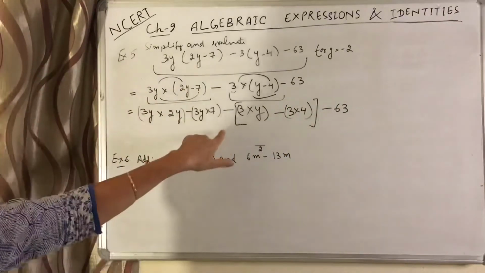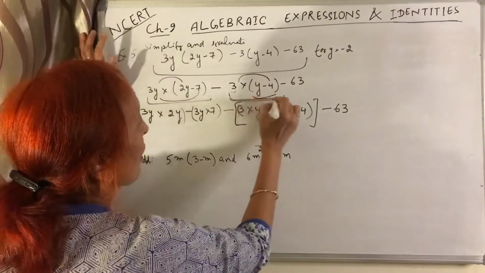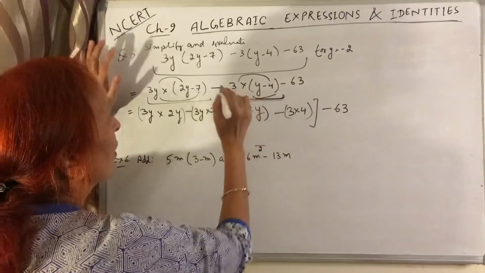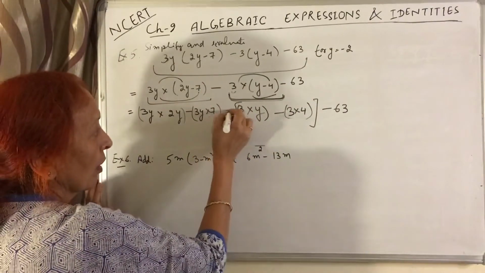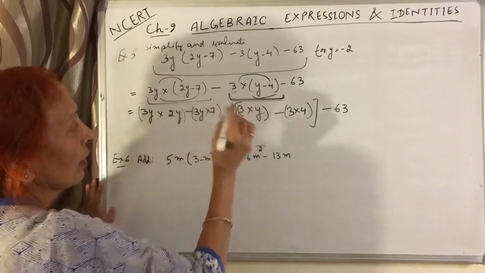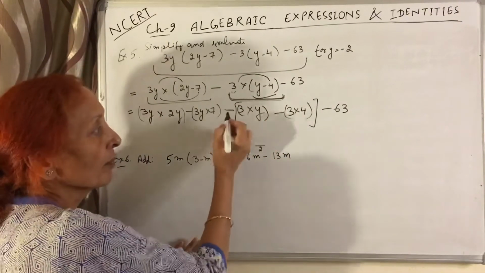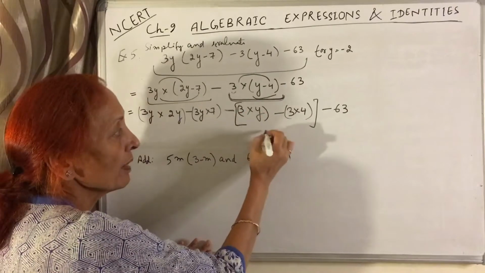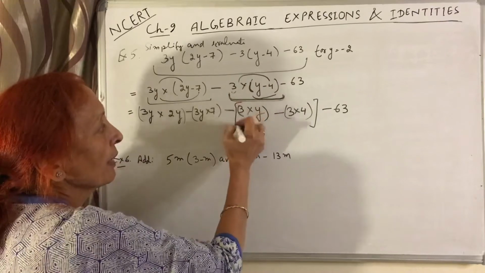Why a big bracket? Because first we will solve this much and then we will take into account this sign. Here it is minus. In the next step, the sign will change because minus into minus will be plus. That is why we have put a big bracket over here.